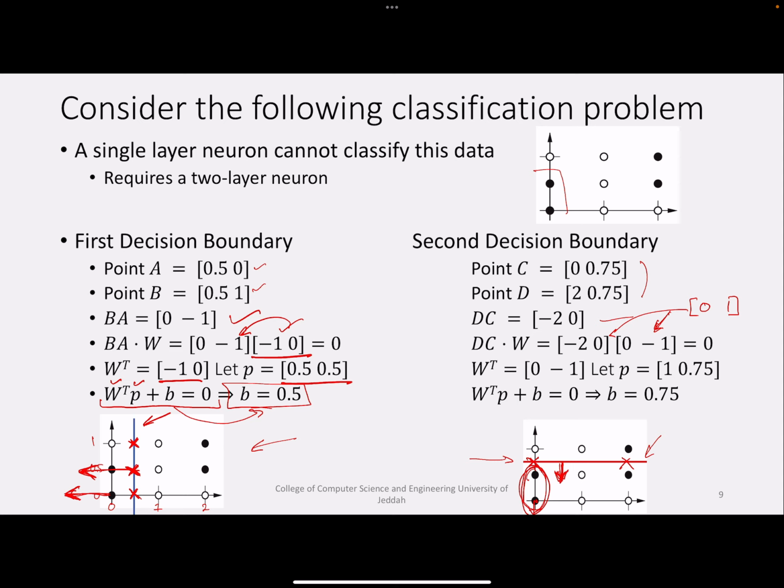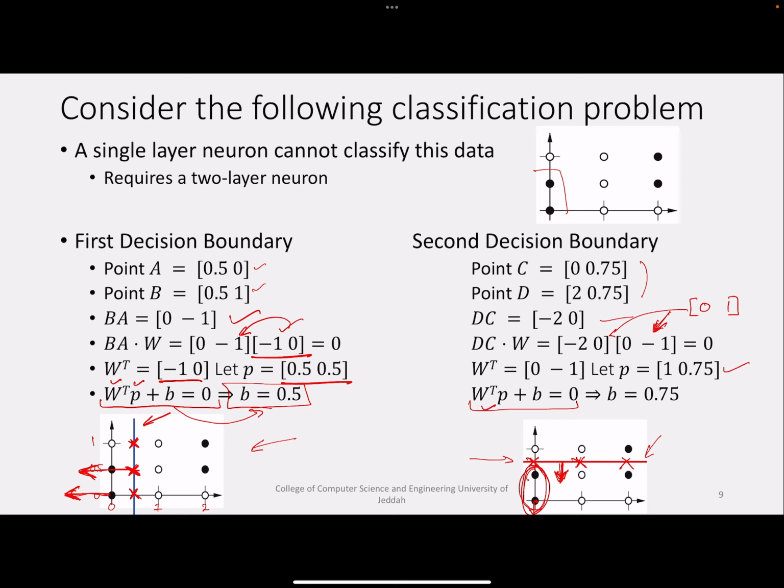Okay, so again, we find the weight matrix, use the same approach: pick a point anywhere on this decision boundary, say 1, 0.75, that's over here, and substitute that in the same equation.